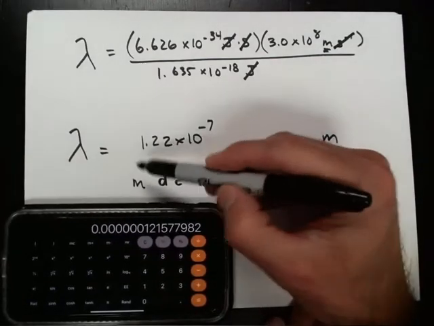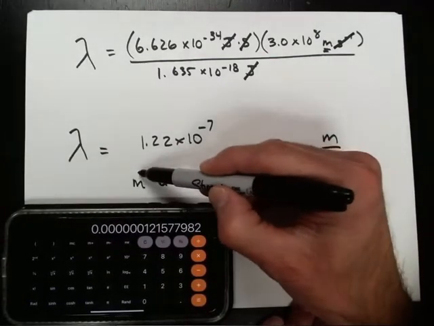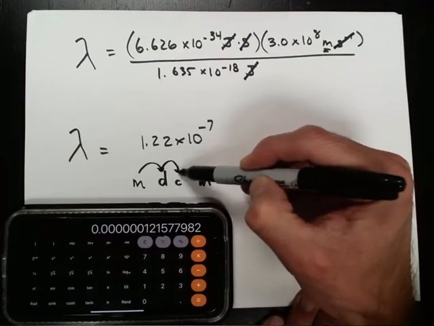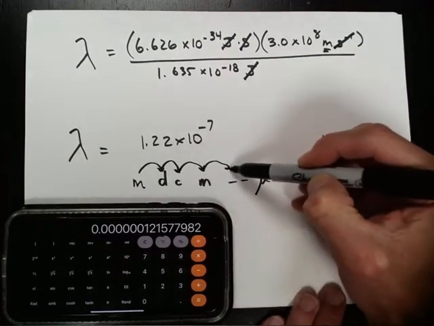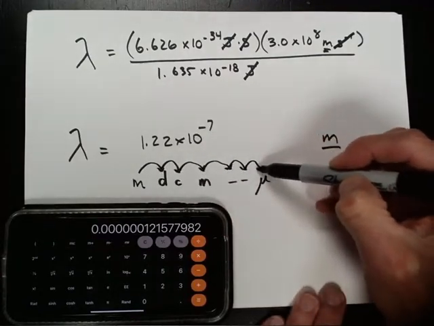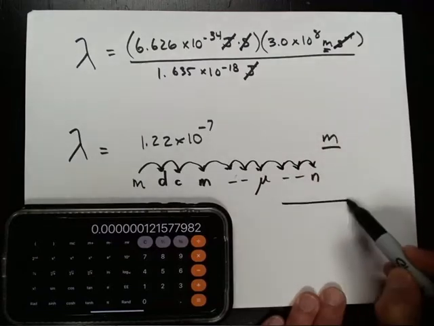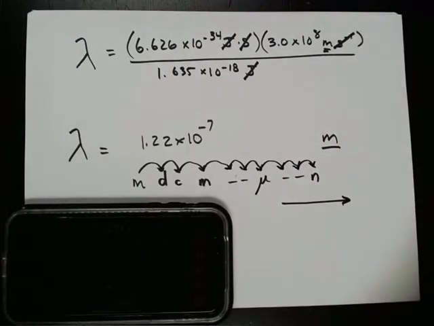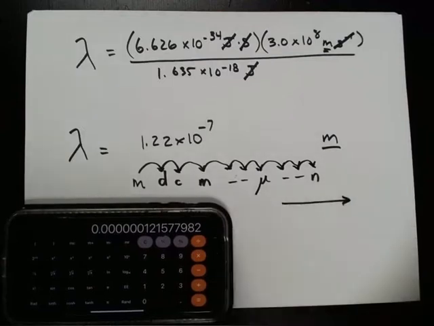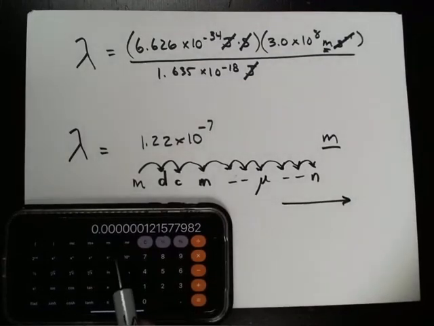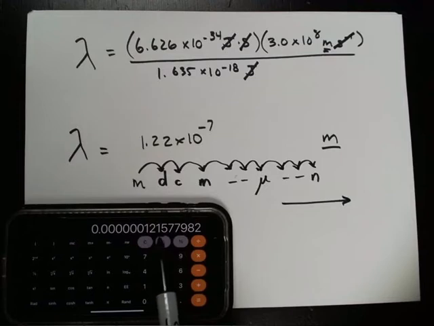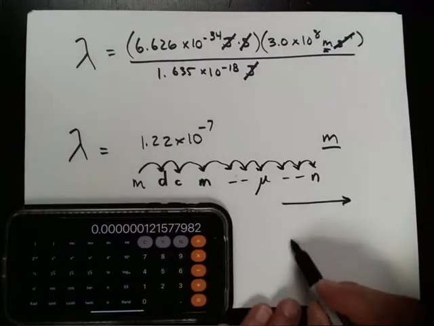To go from meter to nanometer, we're going to move 9 spaces in this direction. So of course I move my decimal 9 spaces in this direction. That gives 121.5, about 122 nanometers.